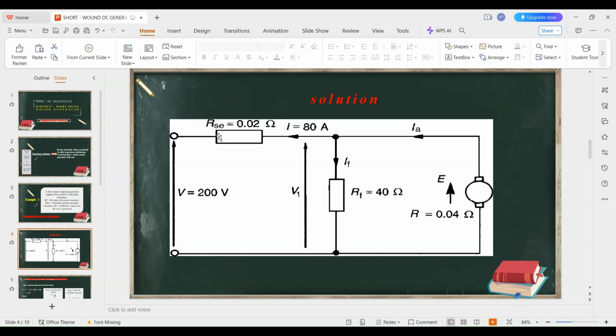So EMF here will be given by the terminal voltage plus the voltage across the armature. And our armature current we have seen is 85.04 amperes, and our armature resistance is 0.04 ohms.